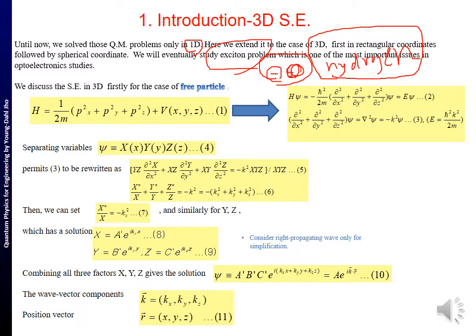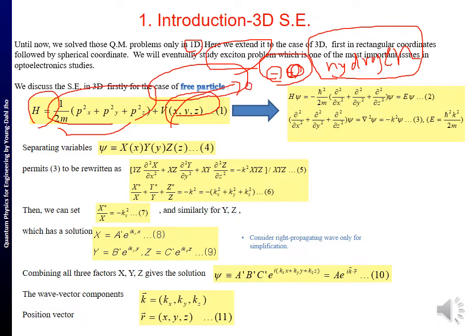Anyway, we first discuss the Schrödinger equation in 3D for the case of a free particle. So the Hamiltonian is composed of a kinetic energy part and then a potential energy part. Here, let's say the potential energy is 0, so we presume the particle is free. Then the Schrödinger equation becomes simple like this.